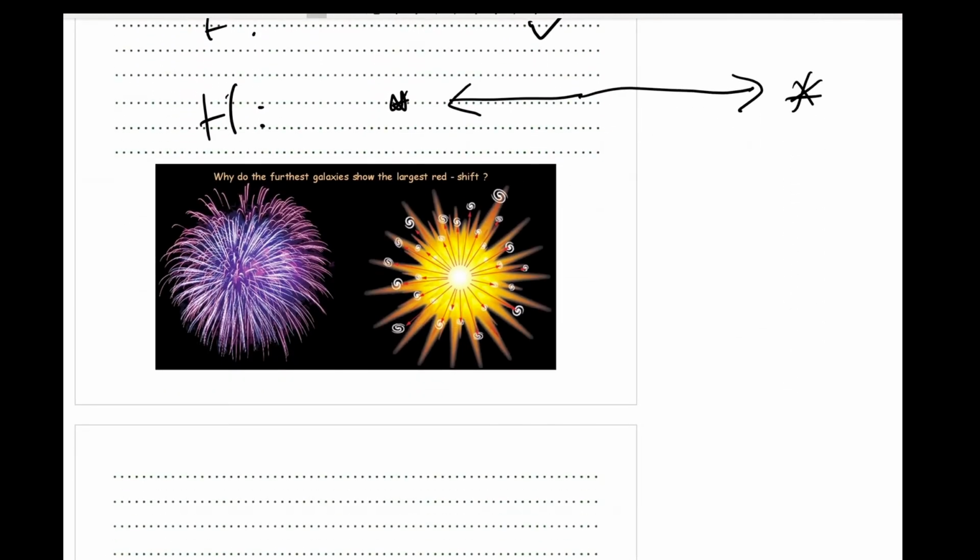Why do the furthest galaxies show the largest redshift? Well, the furthest galaxies must be travelling the quickest and show the largest apparent stretching of light and the largest amount of redshift.